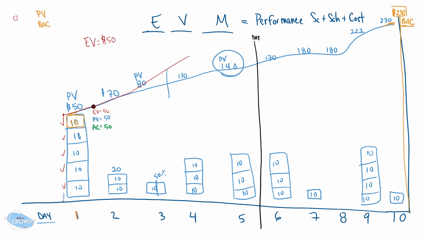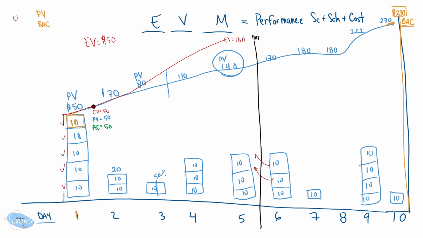And let's say it goes up and we're somewhere here, maybe these 2 have been pulled forward and we did them early in day 5. In that case, our earned value is actually 160.